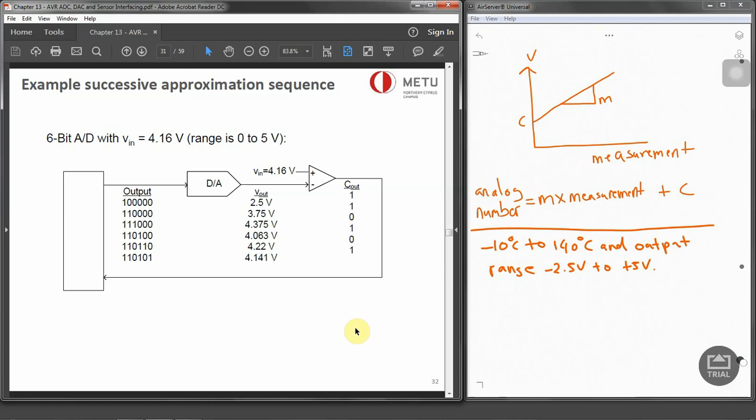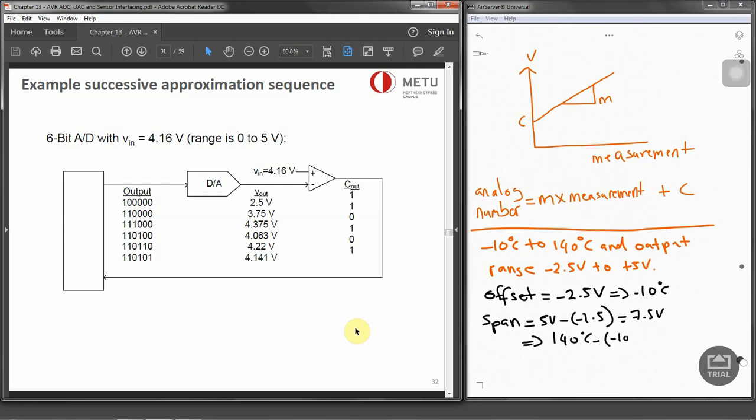The first step is to write down the offset, which is equivalent to minus 2.5 volts, which is equivalent to minus 10 degrees Celsius, and the span is equal to 5 volts minus minus 2.5 equals 7.5 volts, and this corresponds to 140 degrees minus minus 10 degrees, which is equal to 150 degrees Celsius.